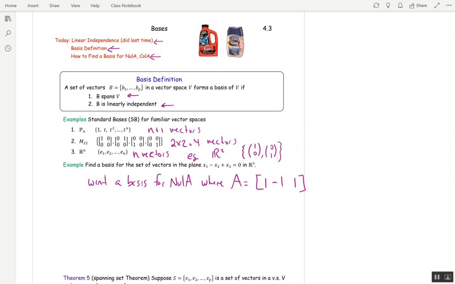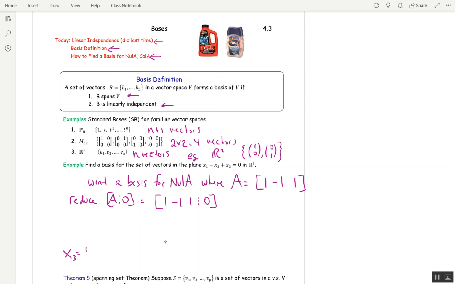In order to do that, we have to reduce A augmented with 0. Now, there's no reduction to do. [1, -1, 1 | 0]. It's already reduced, so we've got three variables.